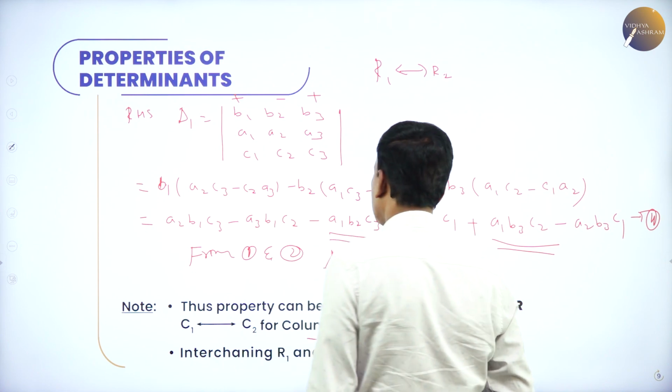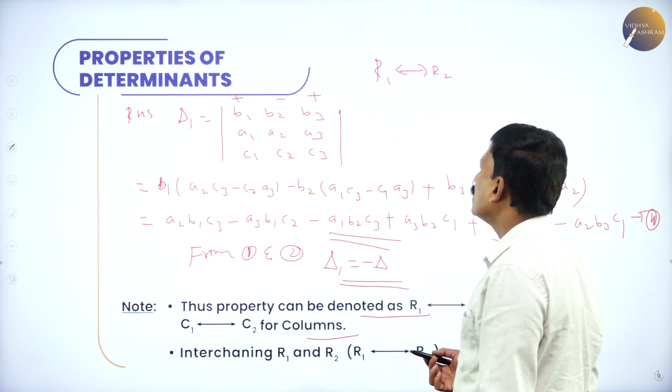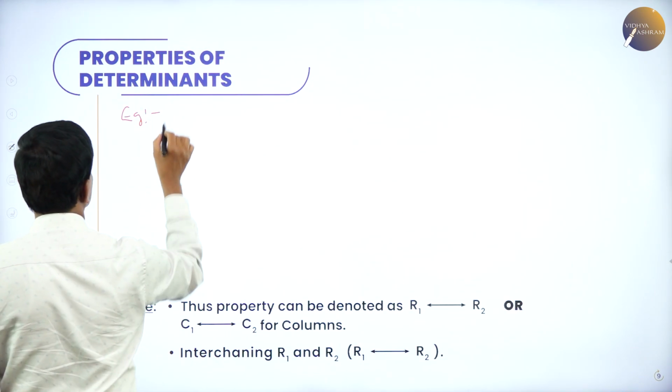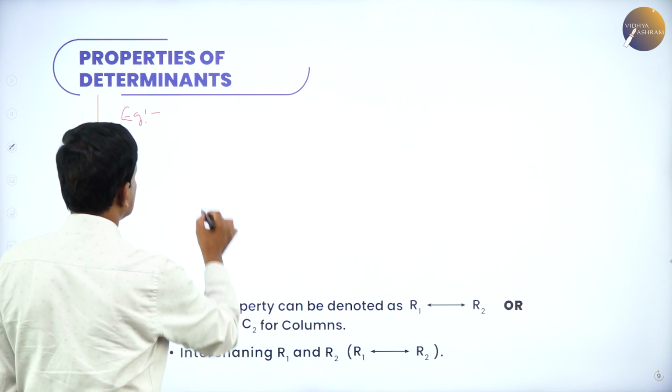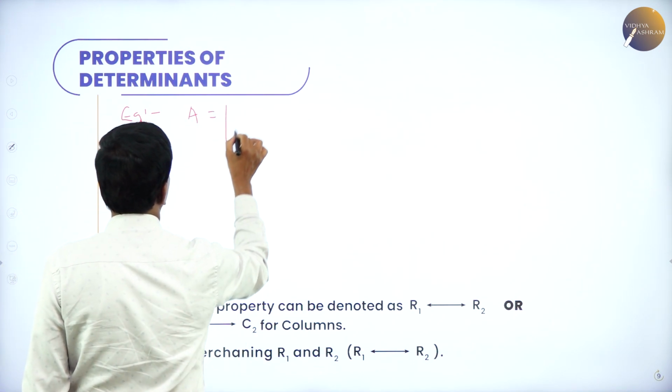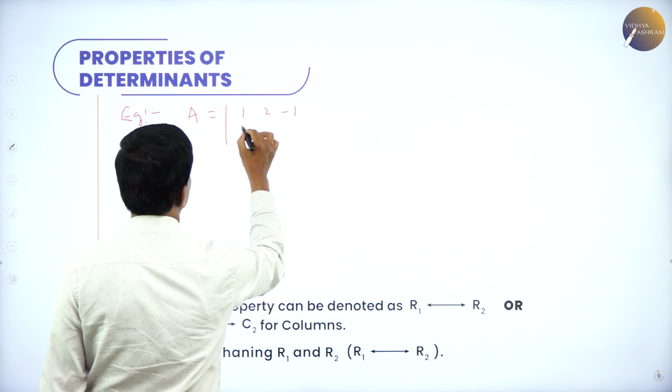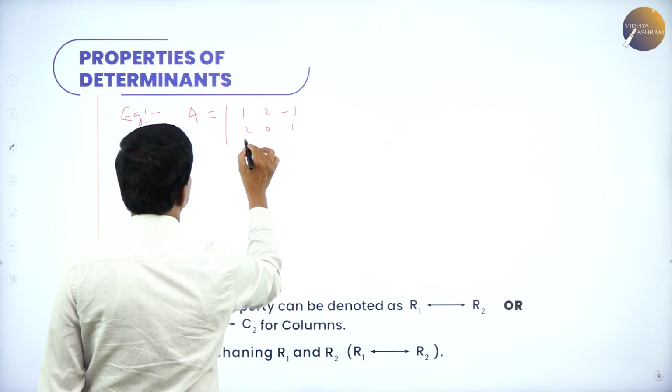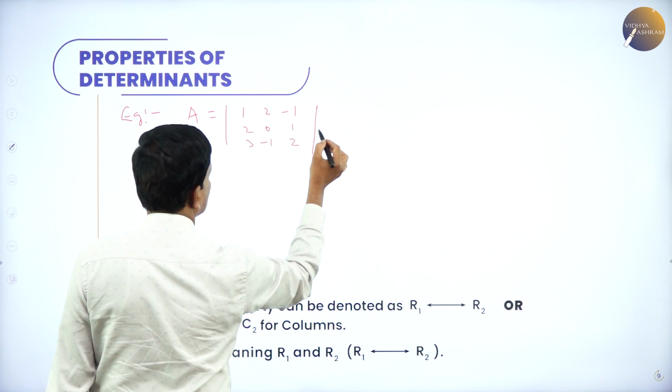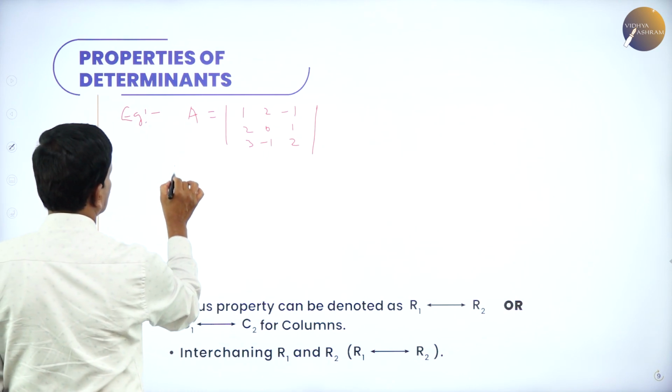Let us take this example. If A is the matrix with rows 1, 2, minus 1; 2, 0, 1; 3, minus 1, 2, let us find the value of this determinant.